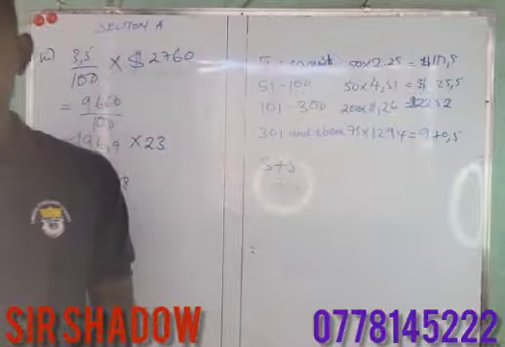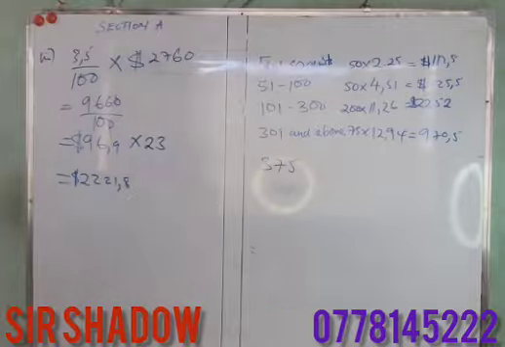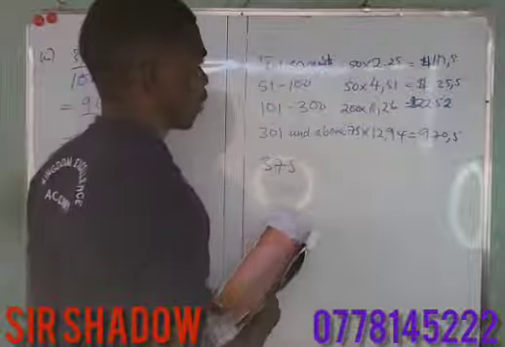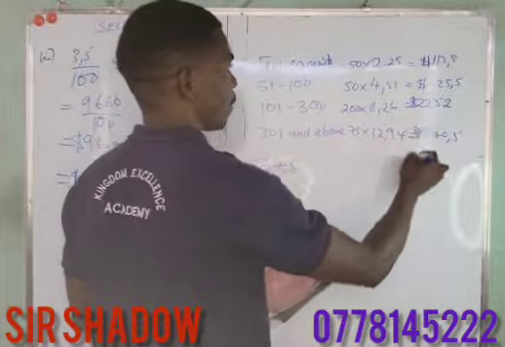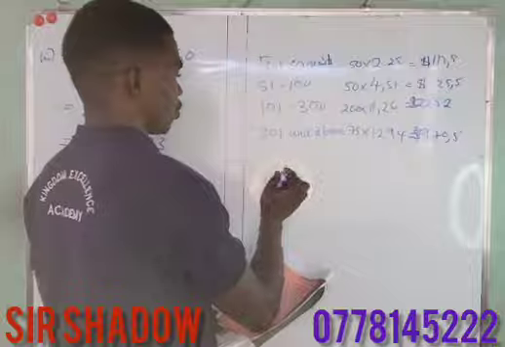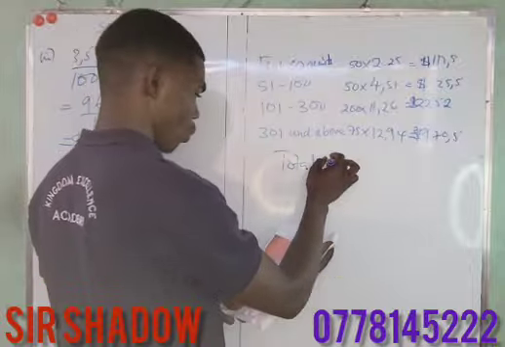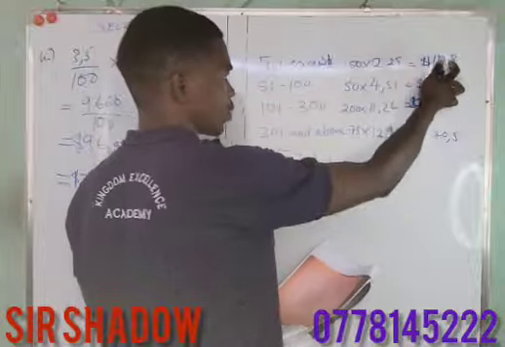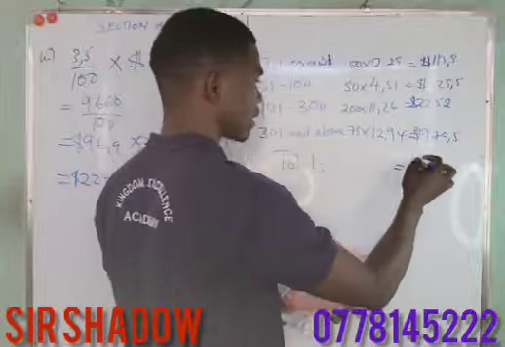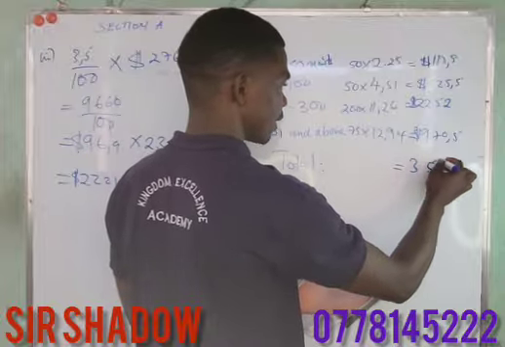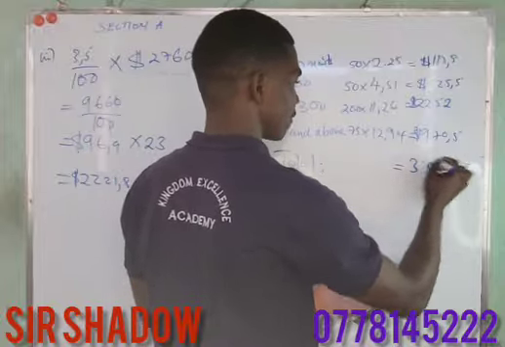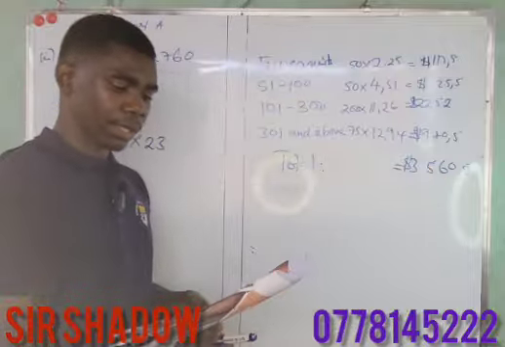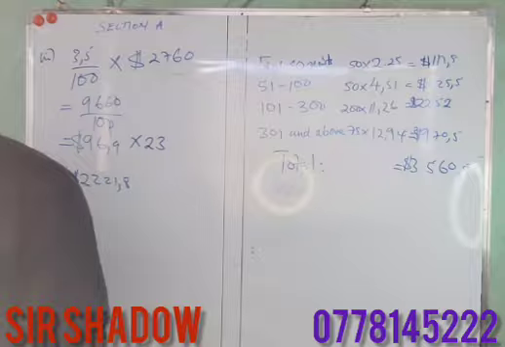Since we want to calculate the cost of 375 units bought by the household, just find the total or the sum of those prices. So just say total to get the cost of 375. If you add this one plus this one plus this one plus this one, you will get $3,560.5. So this is the amount that will be charged for the 375 units bought by a household.